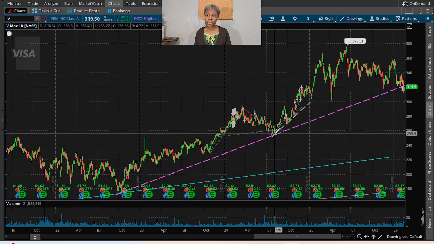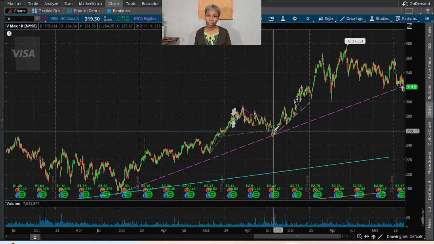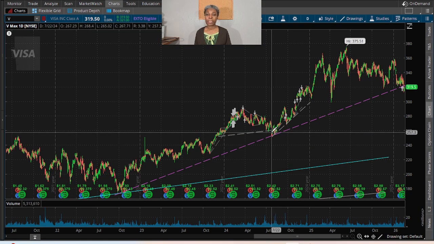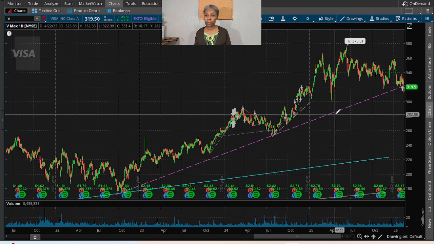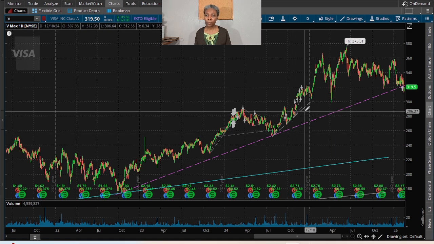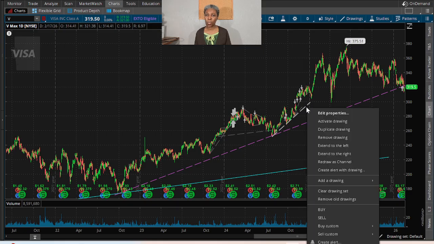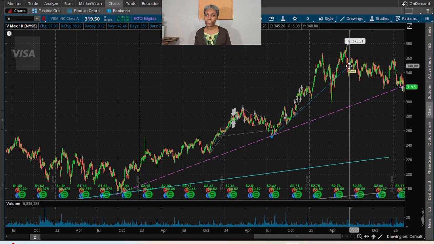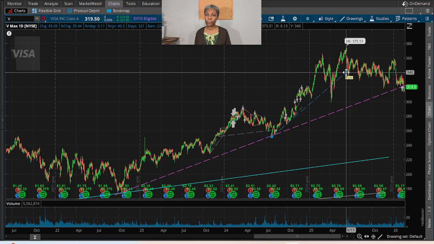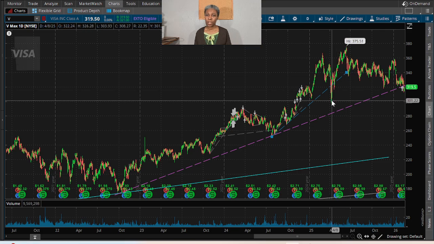So from this area, which was in July, it went all the way here, pulled back again, but didn't go all the way down. And at this point, if we do this, it's going to cross this.